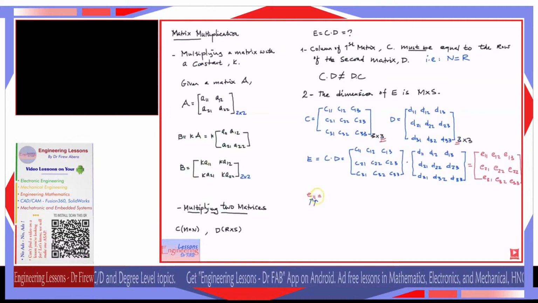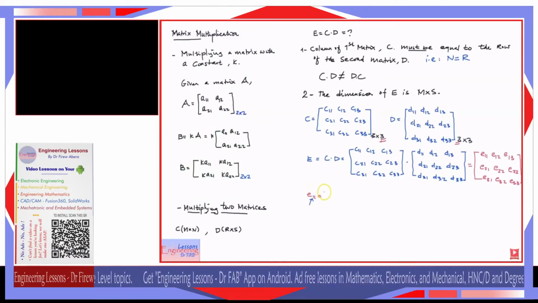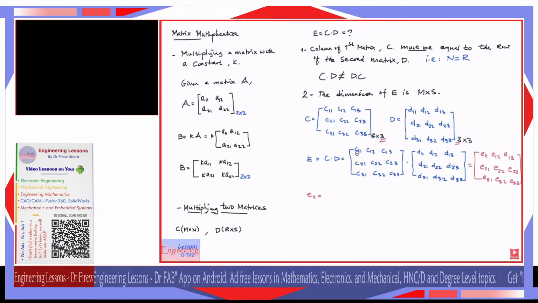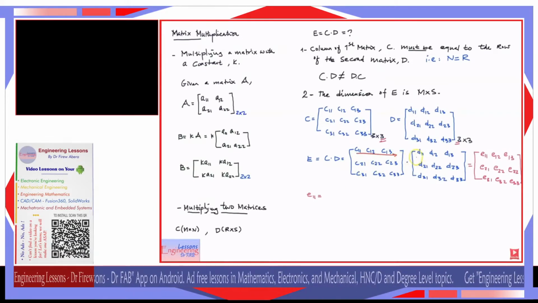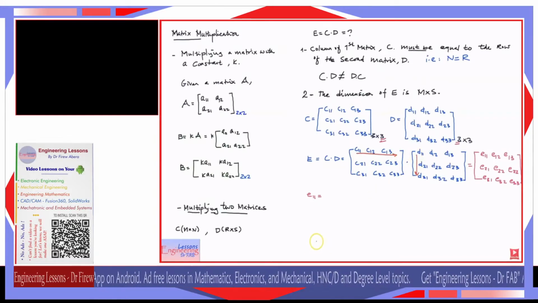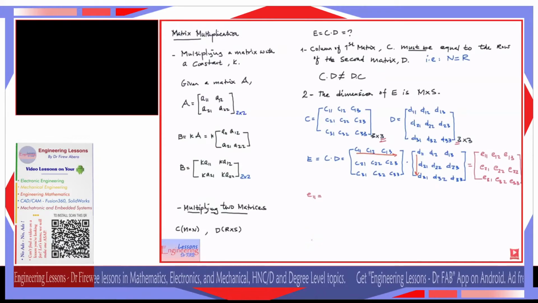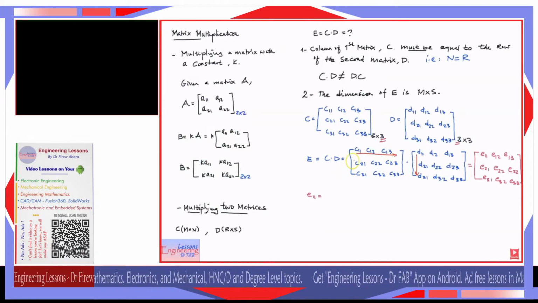When we say E11, it's the product of the first row and the first column of the second matrix. We multiply and add, multiply and add, until we exhaust all elements in that row and column. So how does it go?